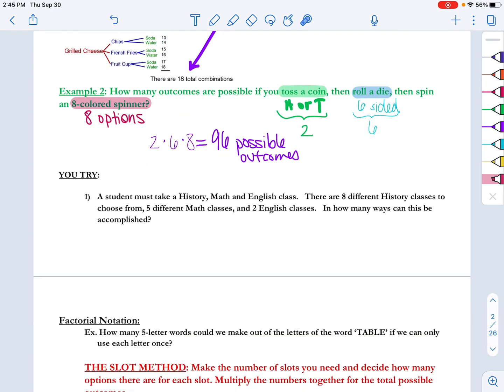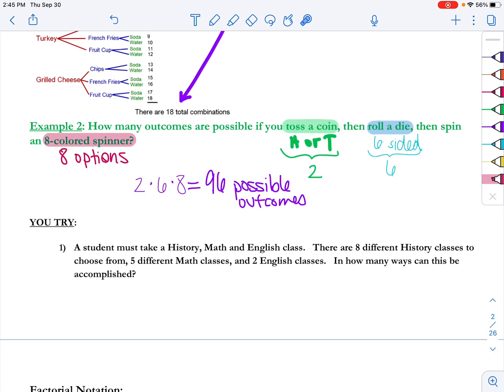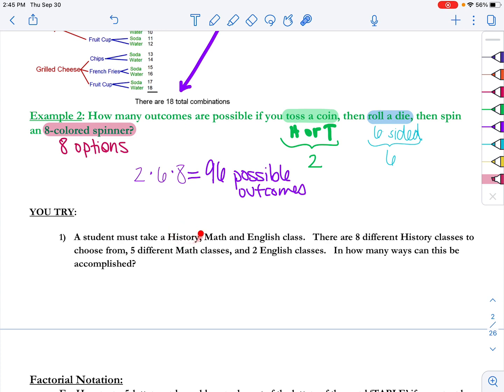So you try. Here's our last example for this one. It says a student must take a history, a math, and an English class. There are 8 different history classes, 5 different math classes, and 2 different English classes. In how many ways can his schedule be accomplished, right?